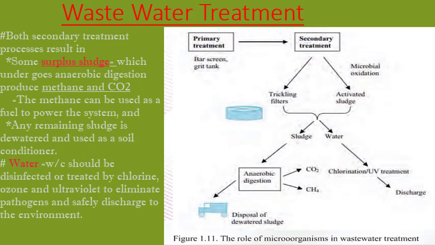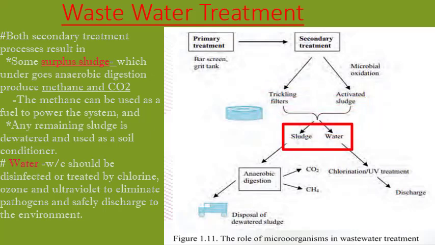As we can see from the diagram, at primary treatment, physical materials like plastics, rags, sticks, sand, gravel, oils, and greases should be removed. In secondary treatment, microorganisms decompose organic matter in wastewater through trickling filter or activated sludge methods.